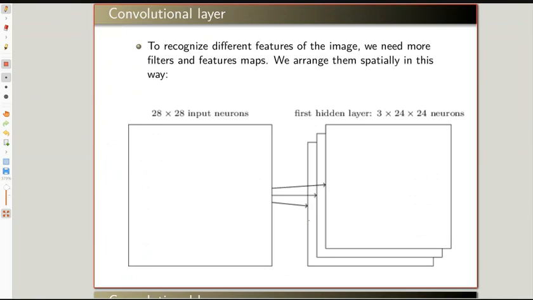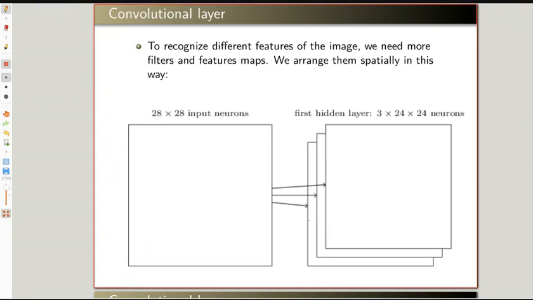You have multiple first hidden layers. You have more than one. You mean here in this picture? Yeah. Okay, so this is the next point of the convolutional neural network.